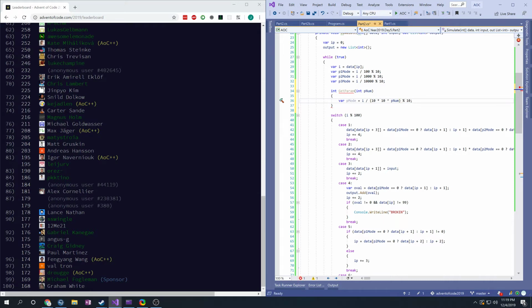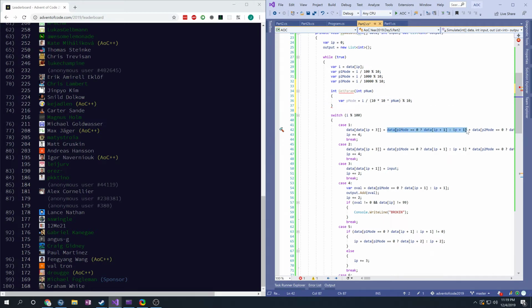Effectively, if pnum is 1, this will evaluate to 100, right? 10 times 10. If it's 2, it'll evaluate to 1,000, and so on. So effectively, this lets me get the parameter mode for a given thing.